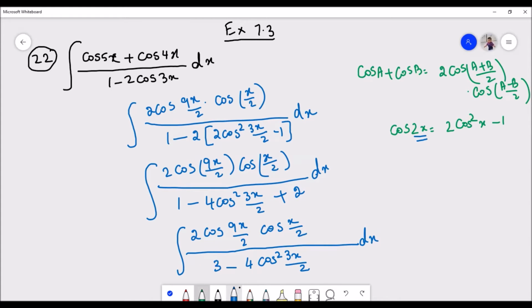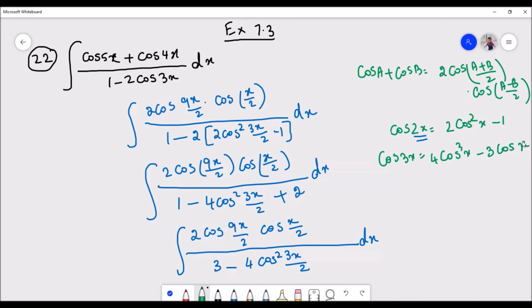So let us recollect another trigonometry formula here: cos 3x is equal to 4 cos cube x minus 3 cos x. We are going to use this formula here.